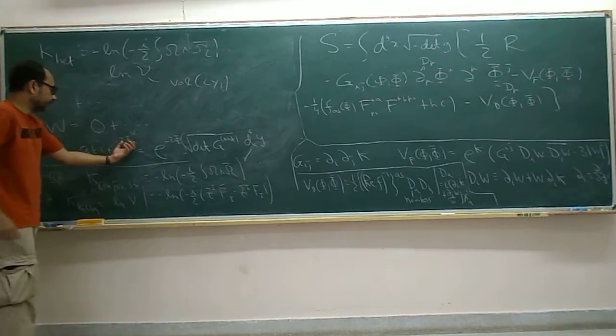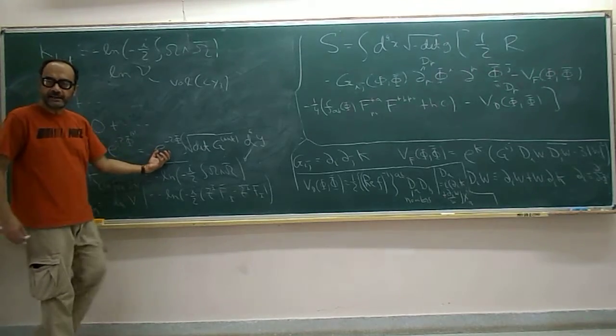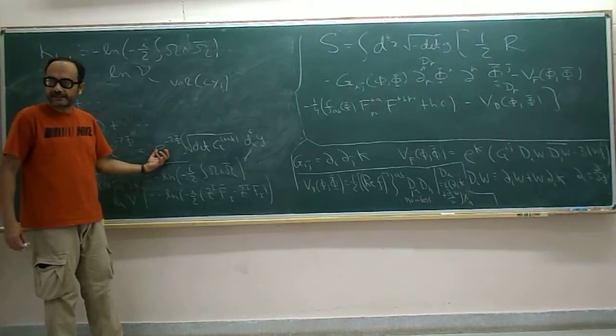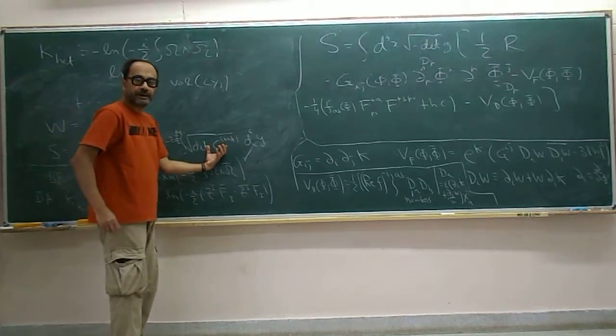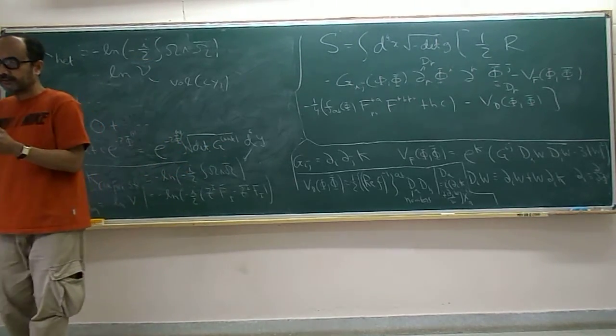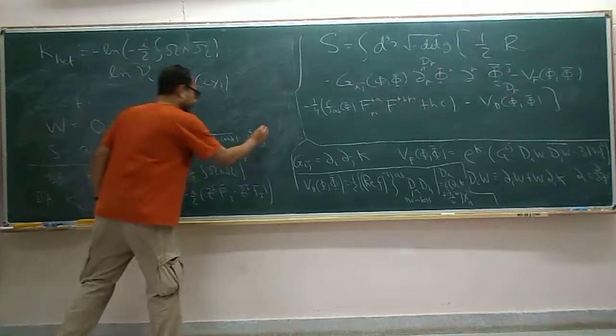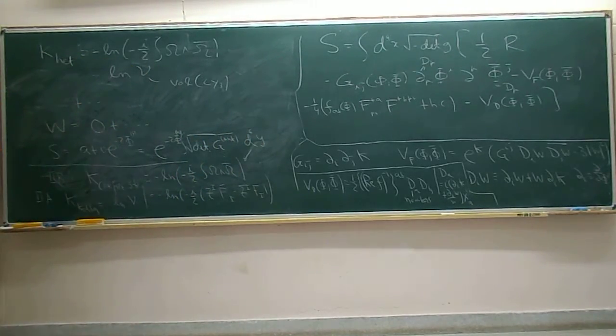So this e to the minus 2 phi 4 that we see here is e to the minus 2 phi of the 10-dimensional dilaton, let me call this phi 10, times the volume of the Calabi-Yau, because that's what appears in front of the 4-dimensional action. And this is important because this will change in a different context. So what you are calling the dilaton, or this field S, will change from theory to theory. That's why I am emphasizing this here. A is what you get by dualizing B.